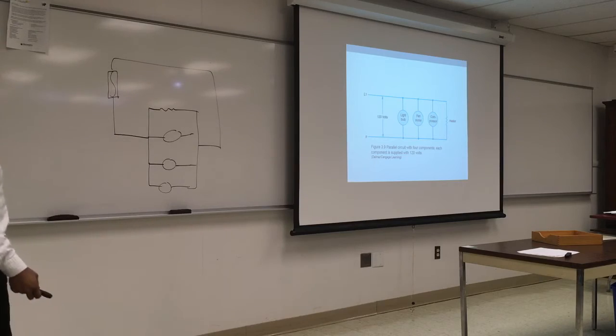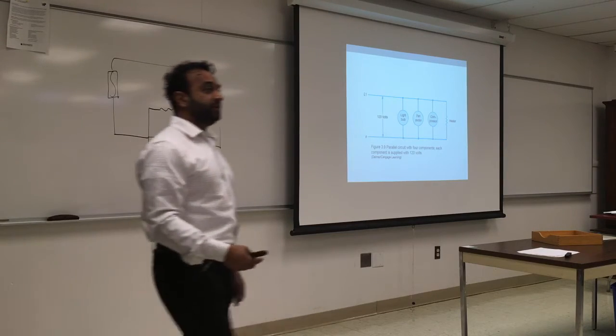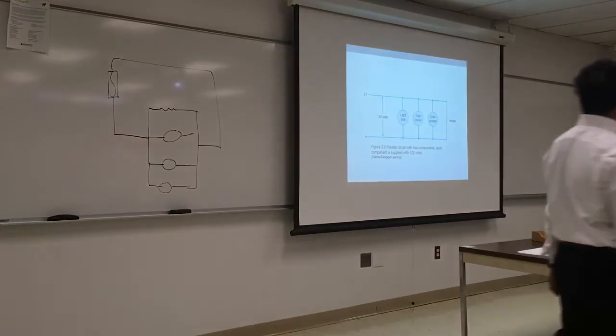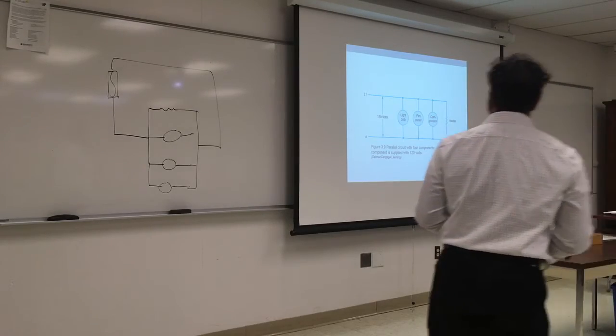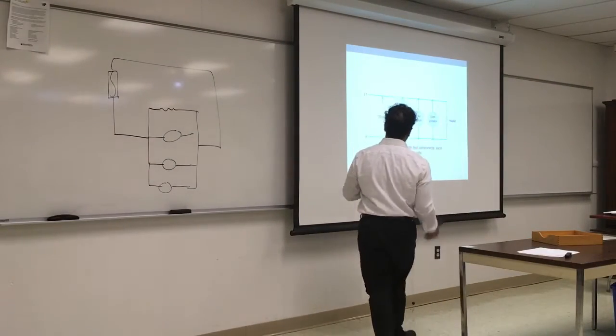Is it the same? Yeah. So I want you to get familiar with all different types of schematics. This is called a ladder diagram. Why? It looks like a ladder. They have something called a pictorial diagram, which gives you more details. So at the end, always follow the current and see what you get.